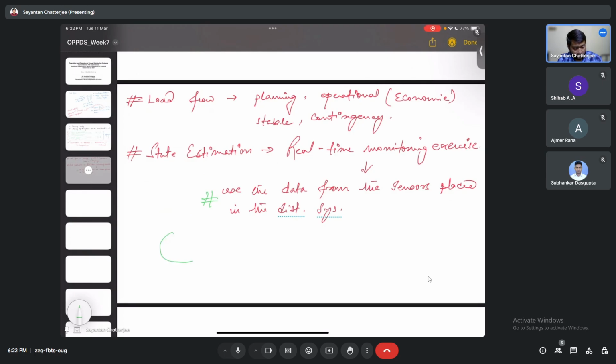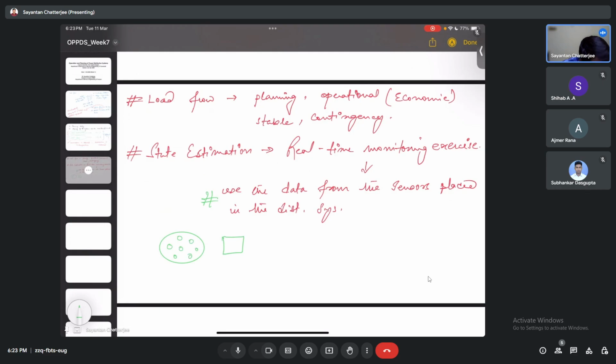let's consider this as a power system. Here we have a control station, and numerous sensors are placed.